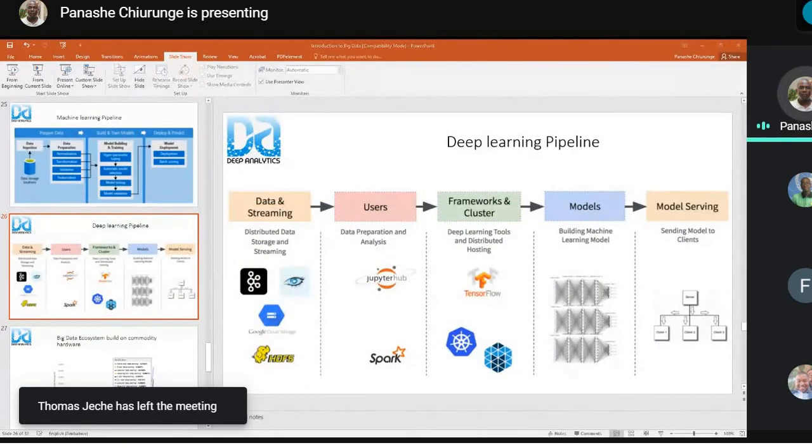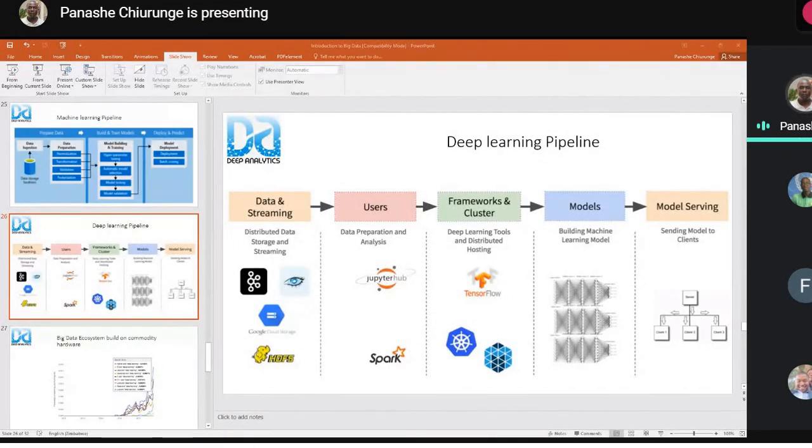So if you look at even deep learning, it's exactly the same. We'll talk about the difference between machine learning, deep learning and artificial intelligence. But if you look at data, whether it's coming from streams or from a data lake, you still need data preparation and analysis through what we call EDA, exploratory data analysis, and this is where the Jupyter Notebook comes in.